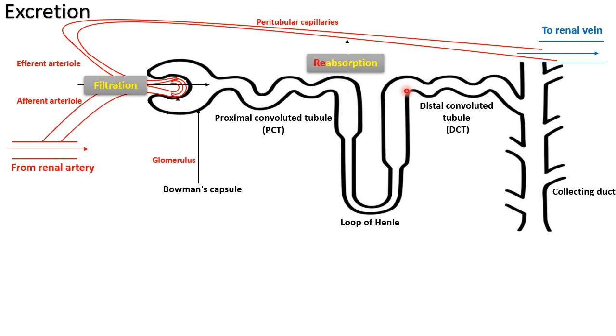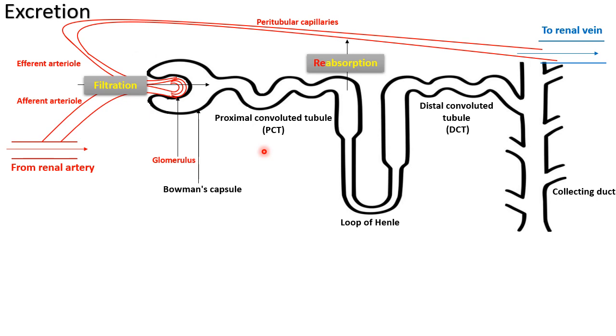So this is reabsorption again to the blood. They were absorbed from the GIT into the blood, and now they are reabsorbed again into the blood from the kidney. Alright?